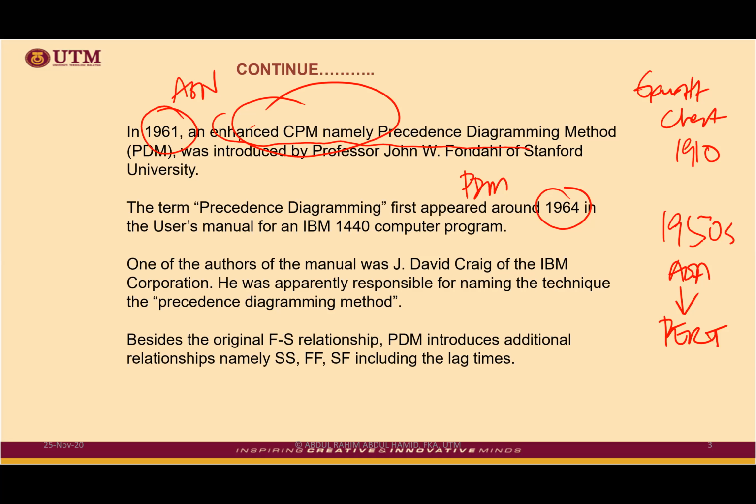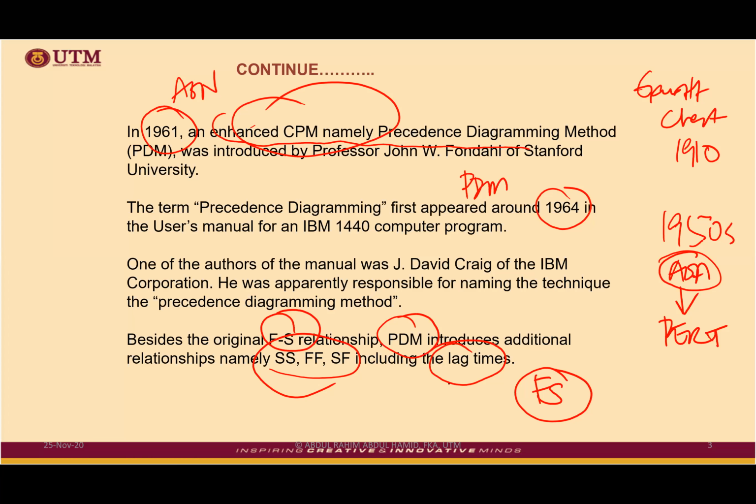The reason PDM is very special is due to the fact that it does have extra relationship other than finish to start relationship, which basically we use in AOA and AON diagram. Remember, AOA diagram, AON diagram use finish to start relationship only because that was the basic. And then subsequently, when PDM was being introduced, additional 3 more relationship was being introduced, including the lag.